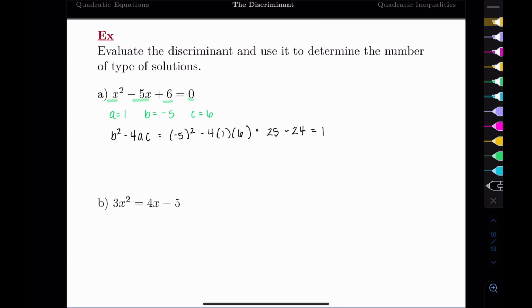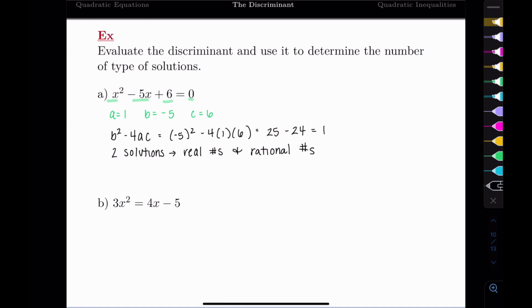So b squared minus 4ac ends up equaling 1. Okay. So because of this, it's positive. This tells us there's two solutions. And further than that, they're real numbers. And because this is what's going underneath the square root, they're going to be rational. They're real numbers and rational numbers.